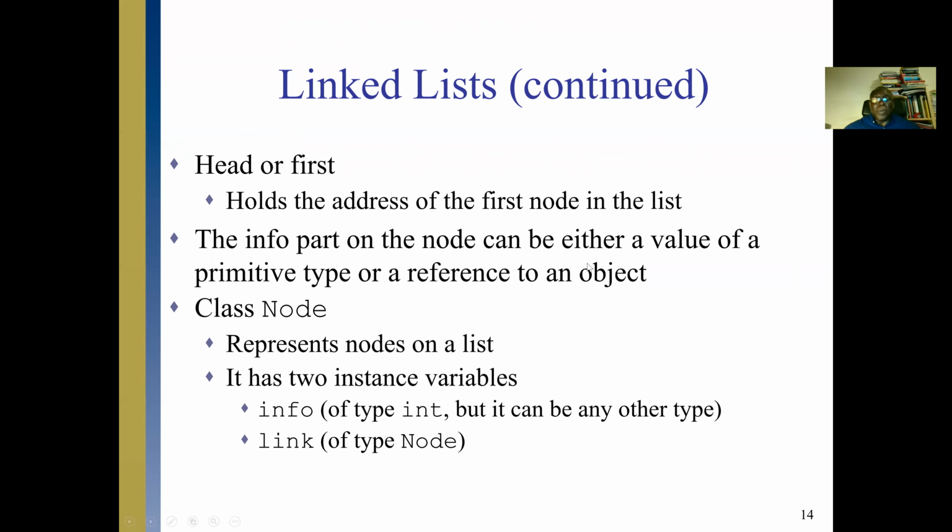And we said the info part of a node can be either a value of a primitive type or a reference to an object. So here what we mean is that in a linked list, we can store both primitive type data or a reference to object data.